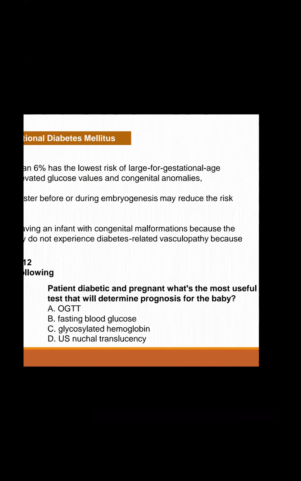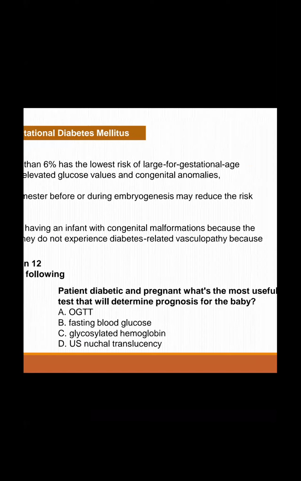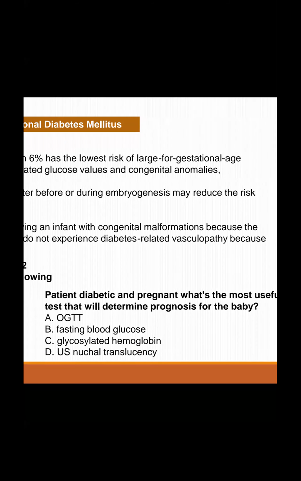Hi, ma'am. Yes. A patient is diabetic and pregnant. What's the most useful test that will determine prognosis for the baby? OGTT, fasting blood glucose, glycosylated hemoglobin, US nuchal translucency. Diabetic, then determine prognosis.